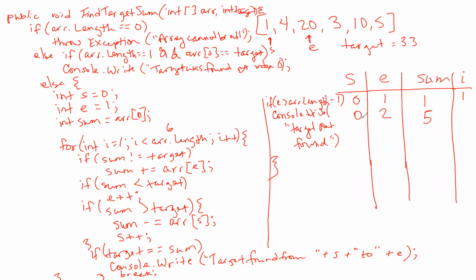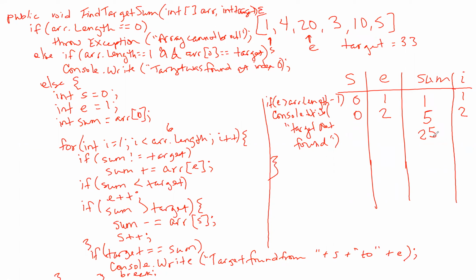If sum is greater than target, it's not. And if target equals sum, it does not. So we go back through, I++, and 2 is less than 6. So sum does not equal target. So 5 does not equal 33. Sum plus equals array at E. Array at E is 20. So now sum is 25.